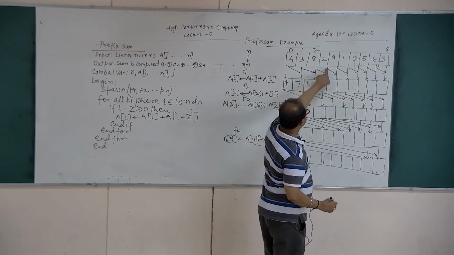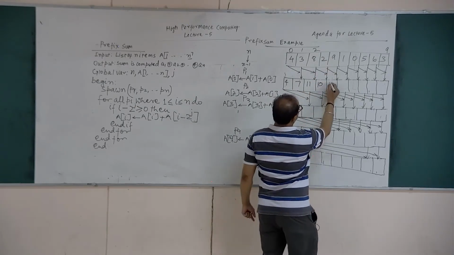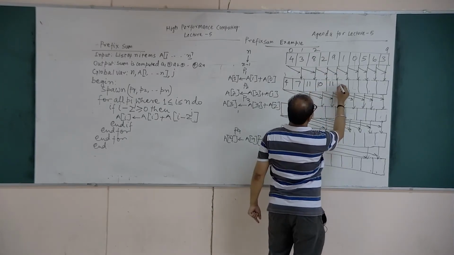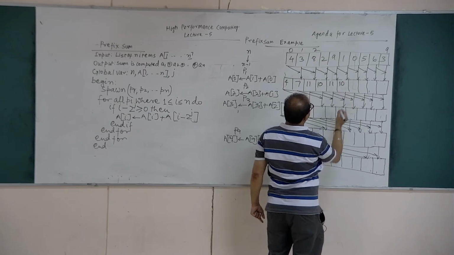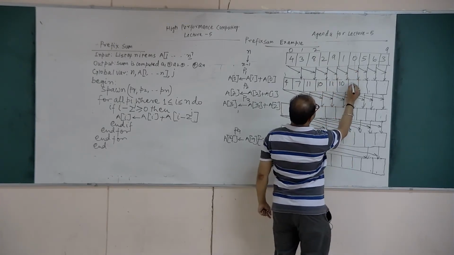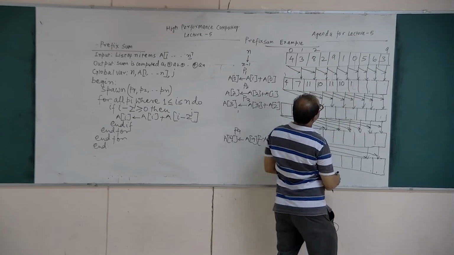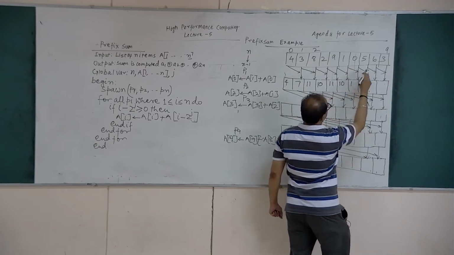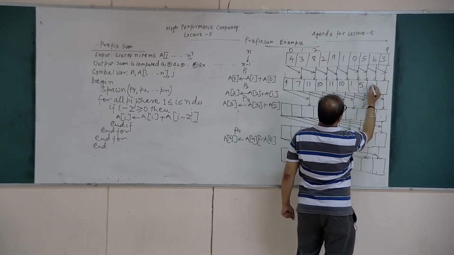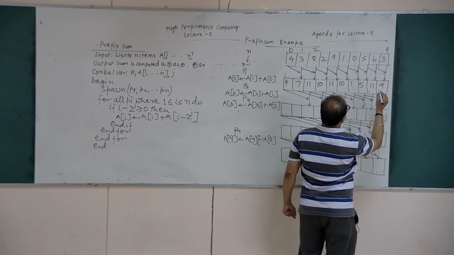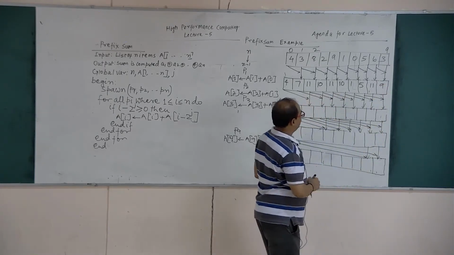And 2 is added with 9, so you will get 11. And 9 is added with 1, so you will get 10. And 1 is added with 0, so you will get 1. And 0 is added with 5, so you will get 5. And 5 is added with 6, so you will get 11. And 6 is added with 3, so you will get 9.